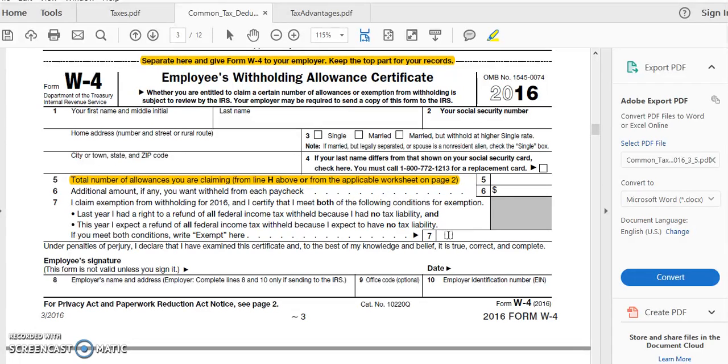Now, do not ever write exempt on your taxes. You have to qualify to be able to claim an exemption. I know that there's people who will write exempt for 6 months so that they don't take any taxes out of their check and then take that exemption off and then adjust. That's illegal. So we're not doing that. We're giving you a legit business where you can claim legit personal lifestyle expenses.